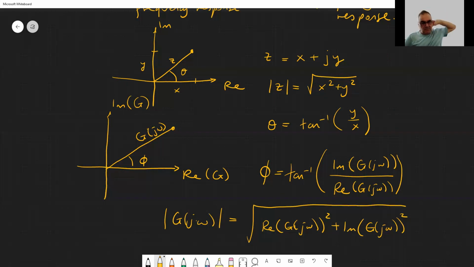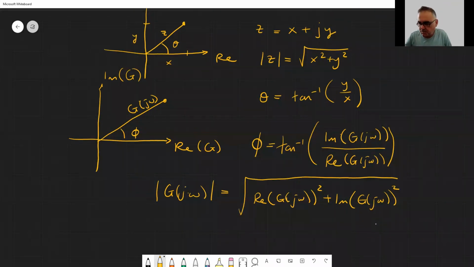The equations look a little bit intimidating, but it is not really that difficult, okay? This is called the magnitude of the transfer function, or magnitude of the frequency response, rather. And this is called the phase angle.